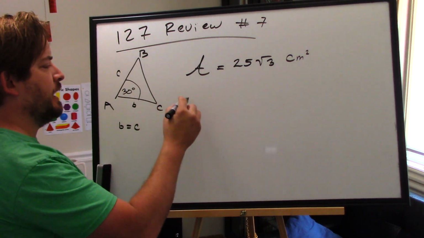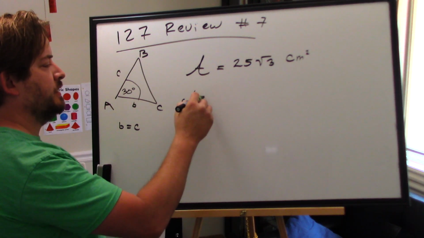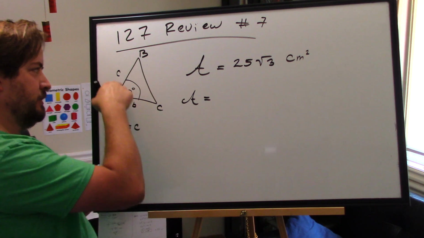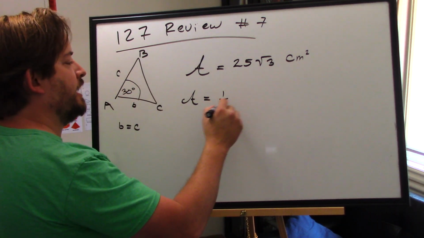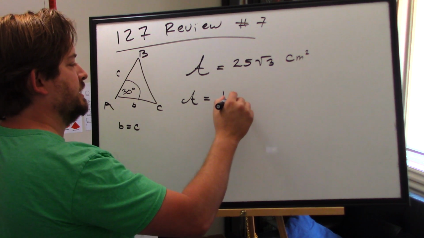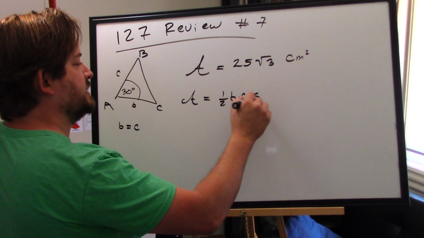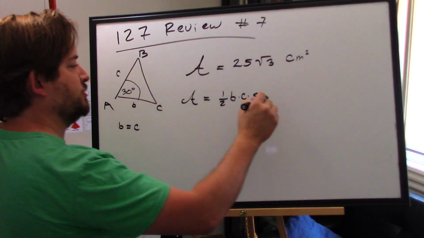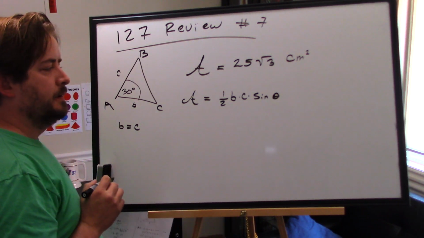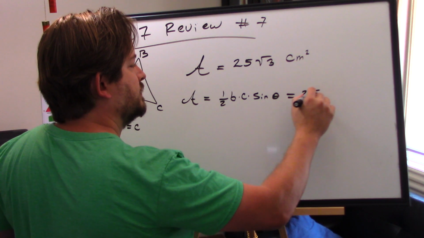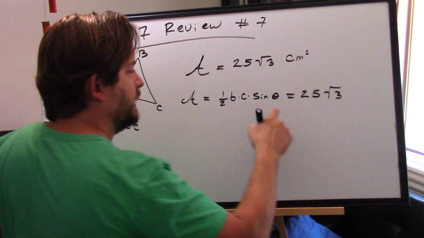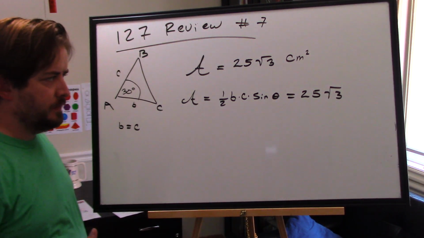And so I need to know the area formula, the area of a triangle. If I know the lengths B and C and then the angle between them, it would be 1/2 B times C times the sine of theta between the two. But I know that this is equal to 25 root 3. And so I have an equation here.